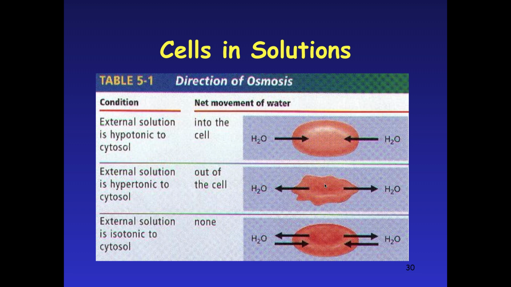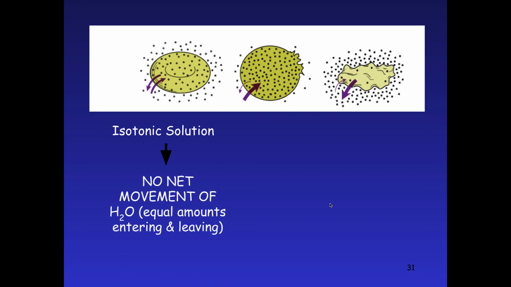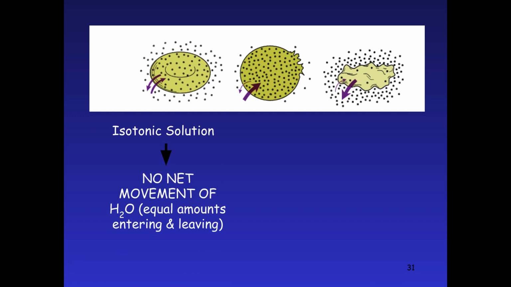We've got the hypertonic one. Ooh, the cell is deflating or shrinking, right? Which hypertonic means there's more solute, which means there's more water on the outside. And isotonic means it's the same, so there's no difference there. Isotonic solution, there's no net movement, things are fine. Our red blood cell here, it's going to be okay.